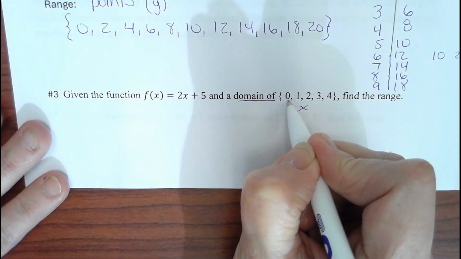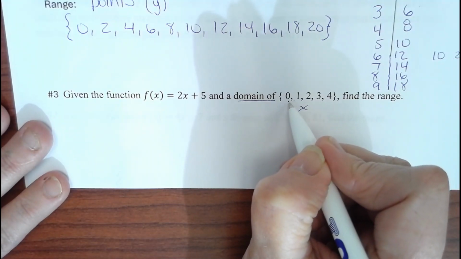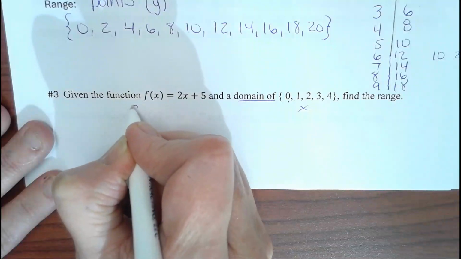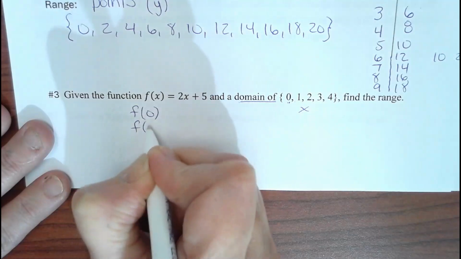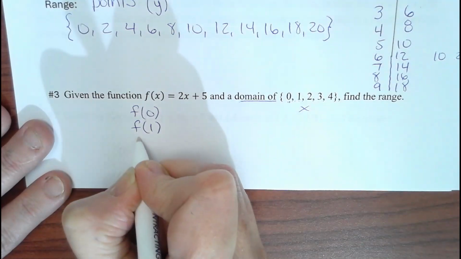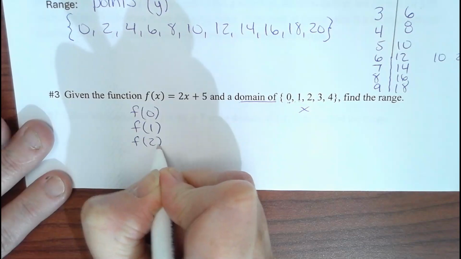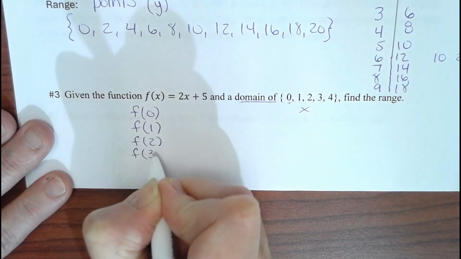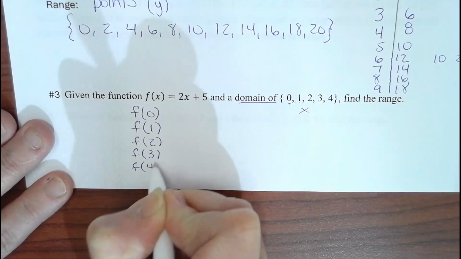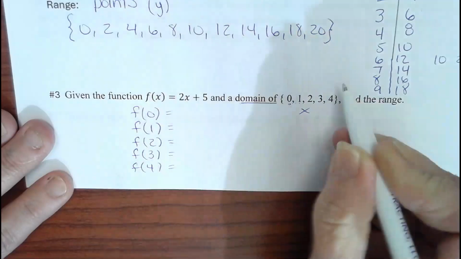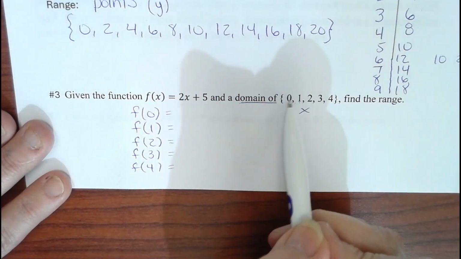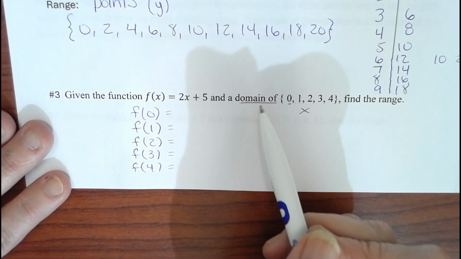So technically, if you want to really show some notation, what we're finding here is f of 0 and f of 1 and f of 2, f of 3, and f of 4. Now I'm just using some exquisite function notation, but y'all, if you just plug it in and write down an answer, that's fine as well.